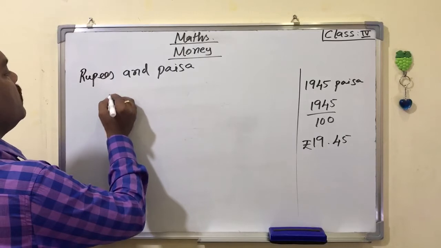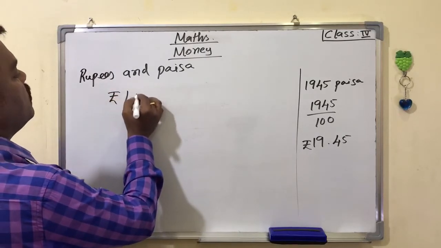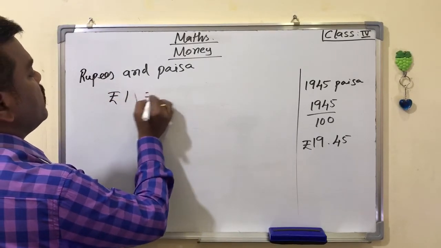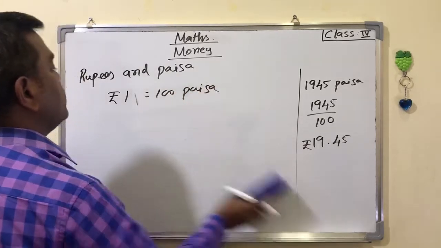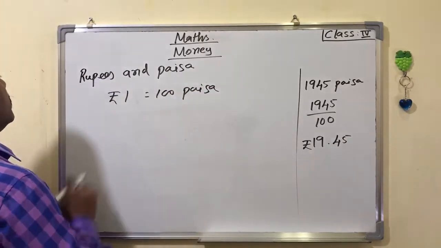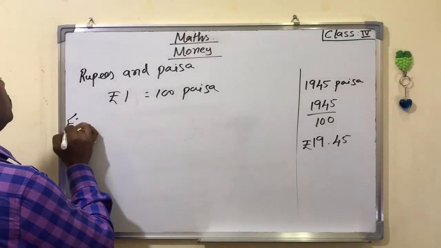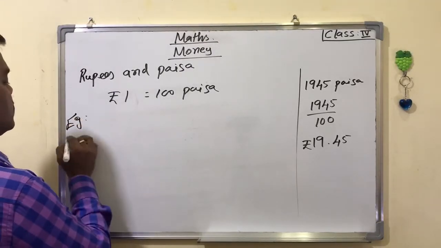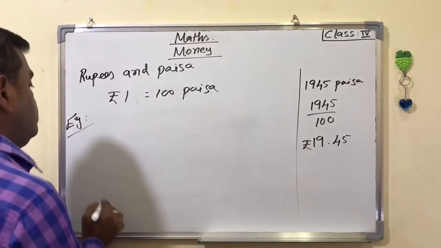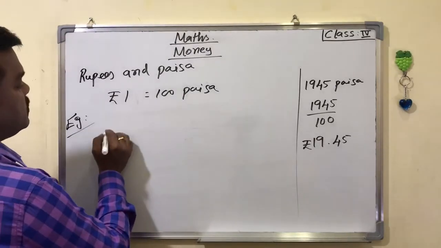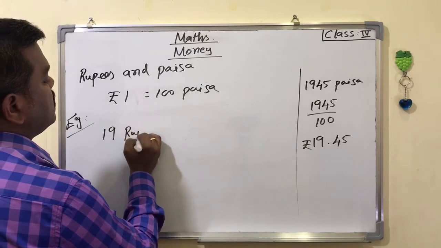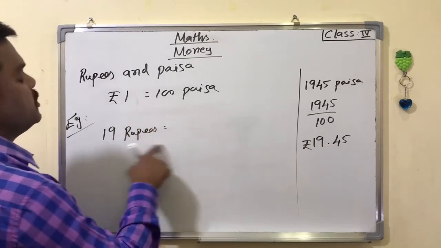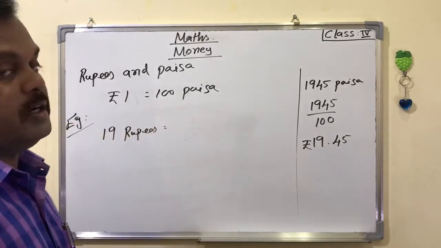You know, 1 rupee is equal to 100 paisa. Example: 19 rupees, convert into paisa.